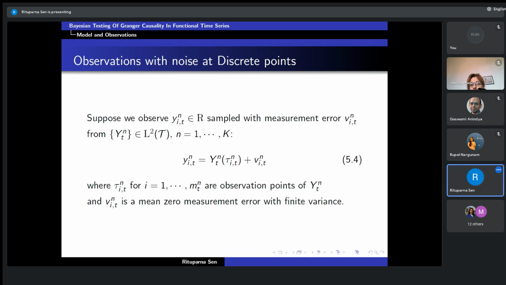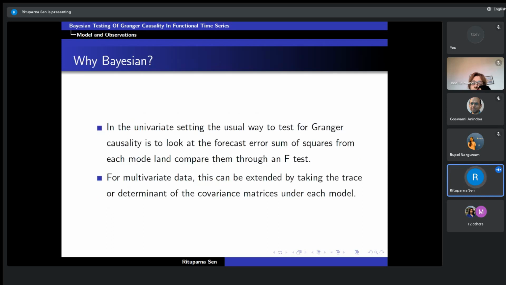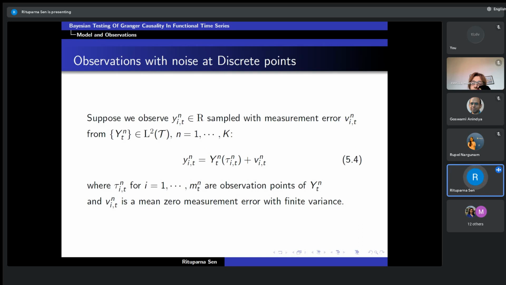Okay, and n is from 1 to k, because I could have multiple functions. So in the univariate setting, I did not have this n before. I have this n now because I've shown you the x and y, but there could be other multiple predictors. So that is why I have this n from 1 to k. So I can have n functions.